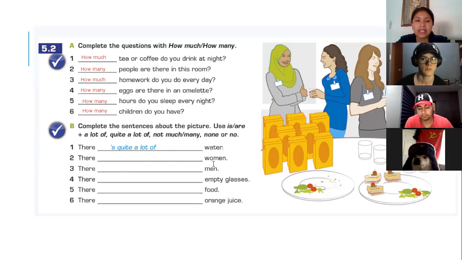I'm gonna do the second one with you, and then I'm gonna give you time to do it on your own, okay? So number 2 says, there, and then it says women. How many women are in this picture? Since we're not gonna use exact numbers, no vamos a usar números exactos, we have to use these expressions. Which expression do you think works better?